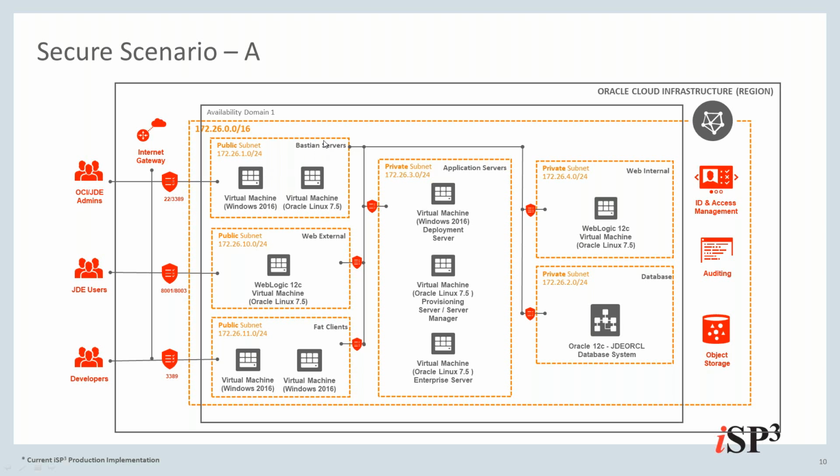Again, only those ports will be open on this Bastion subnet. For JD Edwards users, these are the URLs, 8001, 8003. Those are the only ports available on this external web subnet. And for the developers' Windows servers, only the RDP ports are available to the outside world.